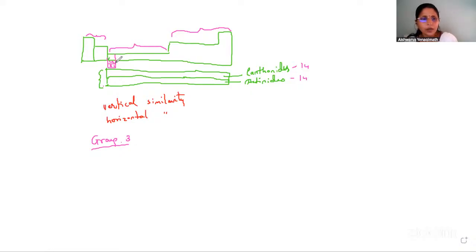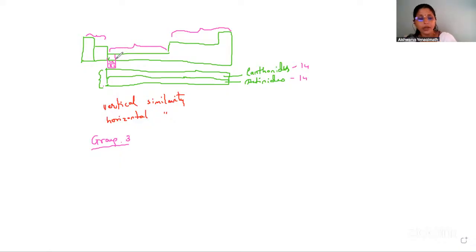Only in this particular block, all these lanthanides are being placed. So behavior is somewhat similar. If you look at these 2 periods, you'll get to know that.